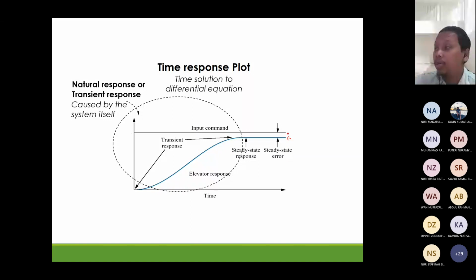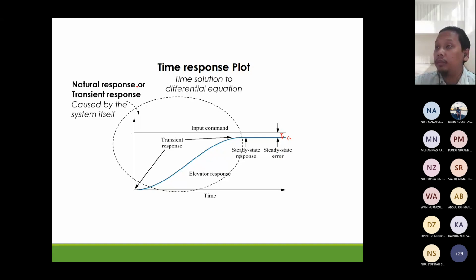So this blue line represents the steady state value of your system. In most systems, there will be a difference between the actual response and the desired response. We call this difference the steady state error. The blue curve has two parts.